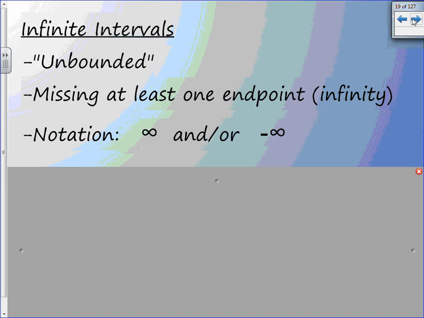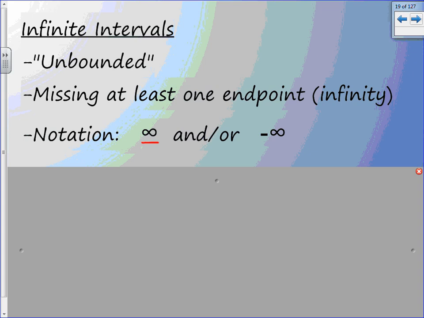So we can also have unbounded intervals. Unbounded intervals, either one side or both sides goes to infinity. And the infinity symbols look like sideways gates. So this represents infinity, but it also can indicate what is known as positive infinity.